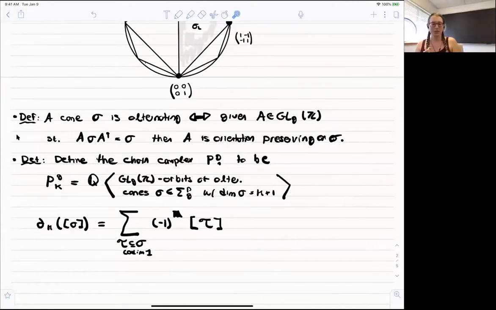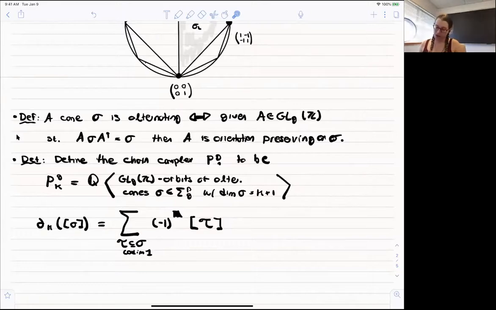The second answer, which is slightly better, is that it's the sign convention that you always use when you're writing down a cellular chain complex. And the third one, the most correct version, is that you fix a reference orientation on all of your cones, and then you say that tau gets plus 1 if the orientation induced from sigma agrees with the reference orientation you picked for tau, and if the induced orientation and the reference orientation disagree, you give it a minus sign.